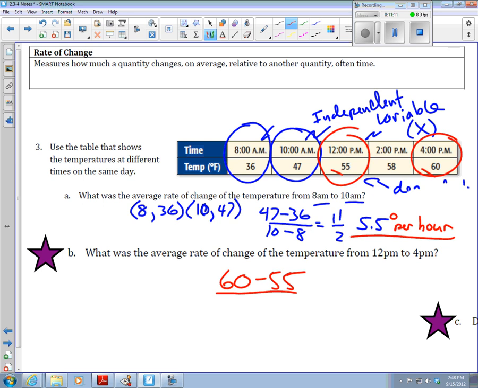That would give you a negative 8. You got to kind of use some common sense here and say, well, from 12 to 2 is 2 hours, and from 2 to 4 is another 2 hours. This is basically 4, or 4 minus 0. That would be your change in time. So I'm going to end up with 5 all over 4, or 1.25 degrees per hour.